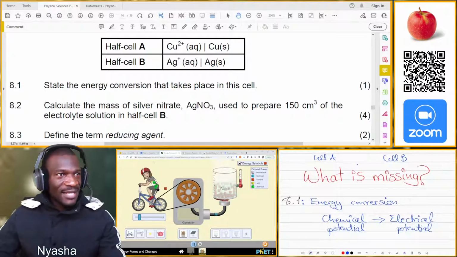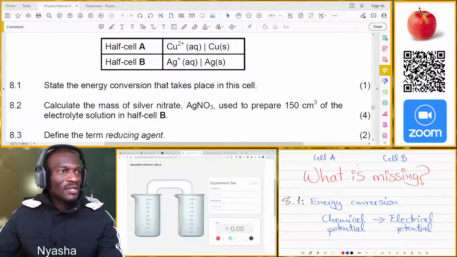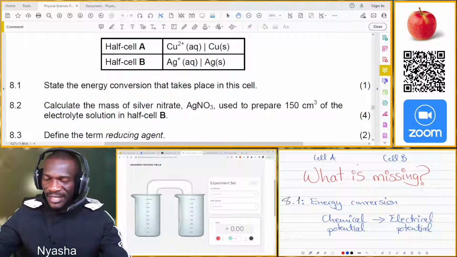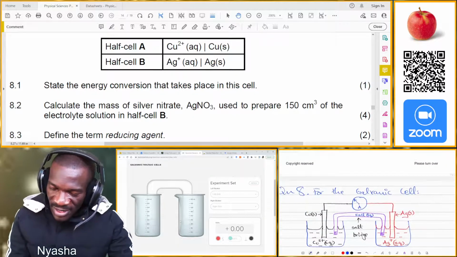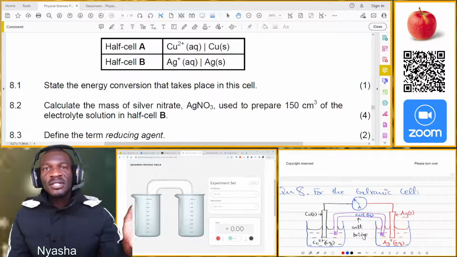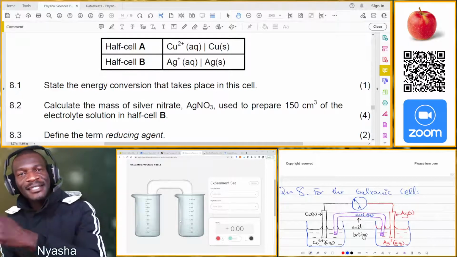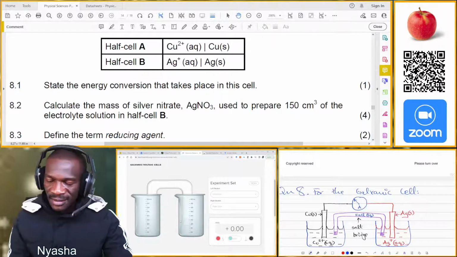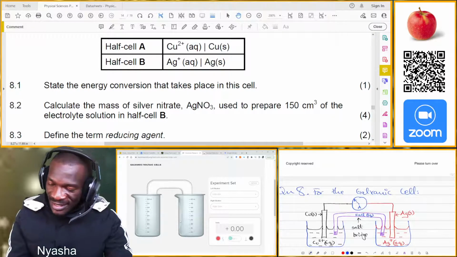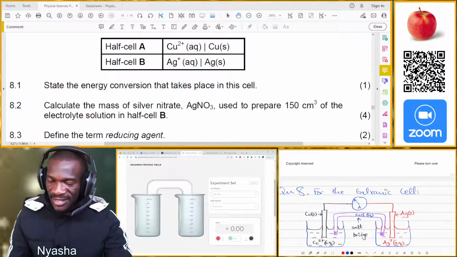In our case of an electrochemical cell, our chemical energy in here is what is actually converted to electrical energy. This is why you can put an ammeter to conduct the current and hence measure the current that is being generated, isn't it, by the chemical reactions in there.